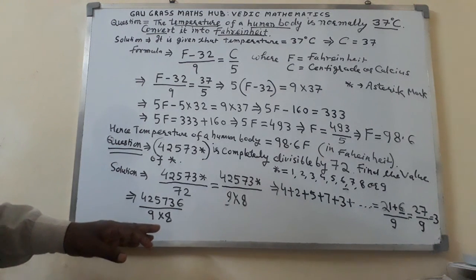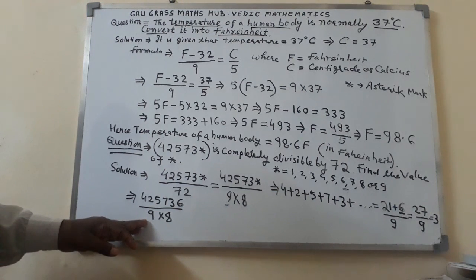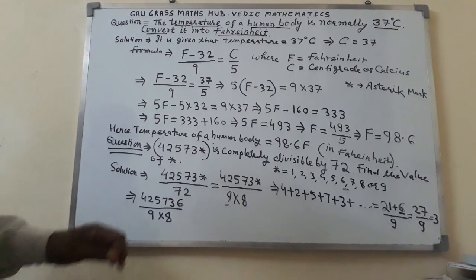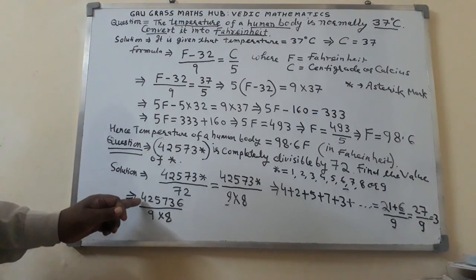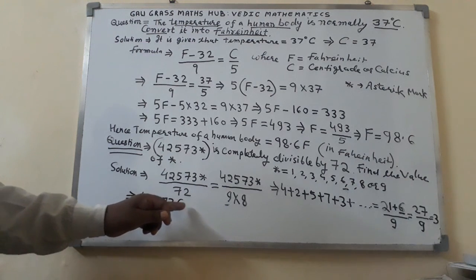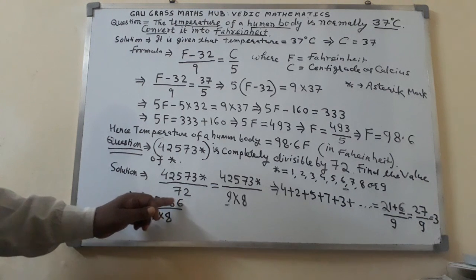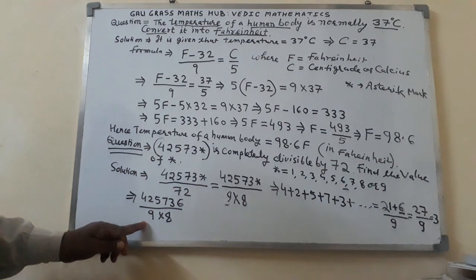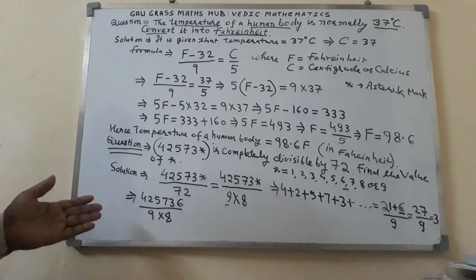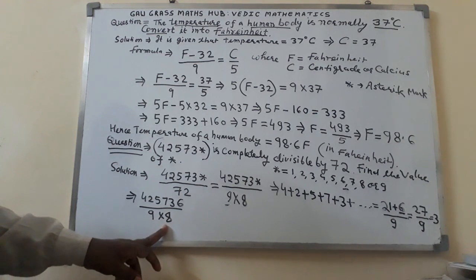And now the divisibility rule of 9 has been verified. All digits 4, 2, 5, 7, 3, 6 will be added together. We will get 27, and 27 is completely divided by 9. This means that the divisibility rule of 9 is fulfilled.